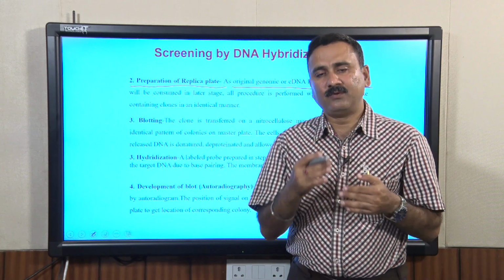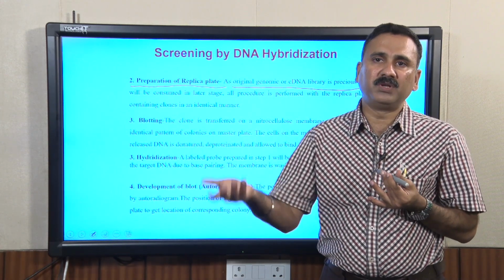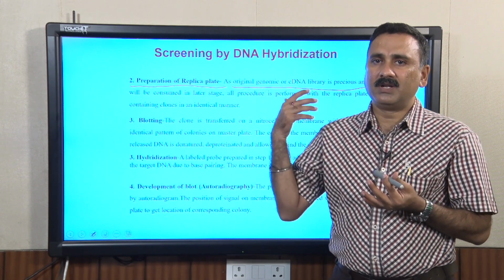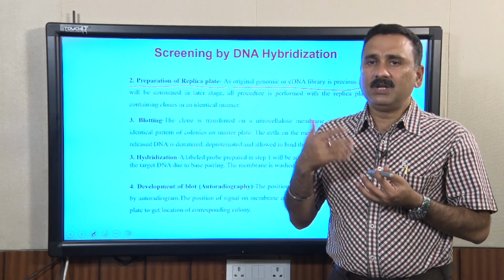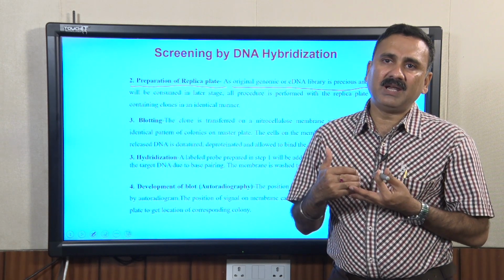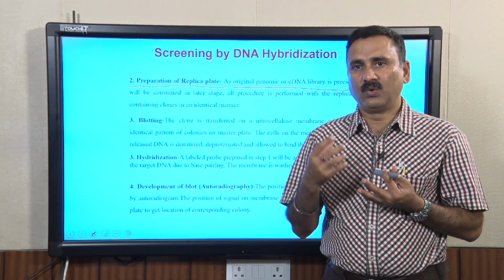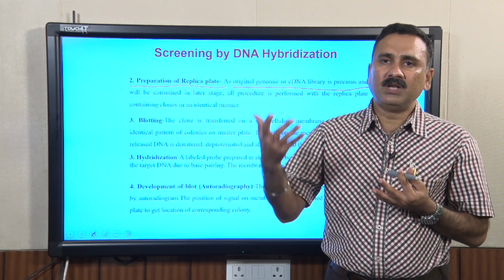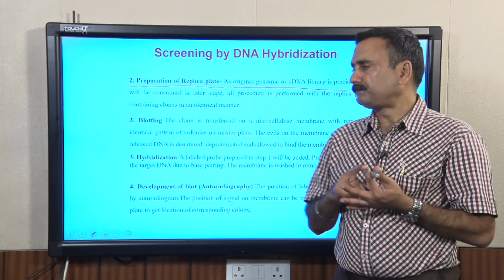So you have to prepare the replica plate, so that whatever is transferred onto the replica plate is destroyed in the procedure, but at least you are going to have your original plate, from which you can not only extract the clone you are looking for, but also use that library on several occasions.